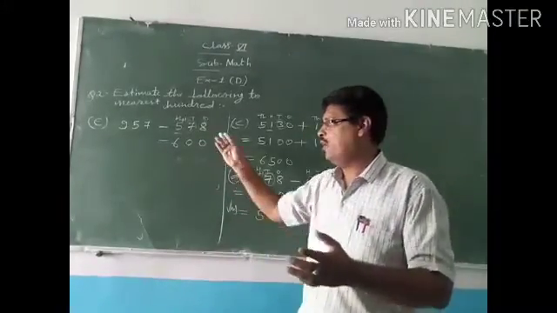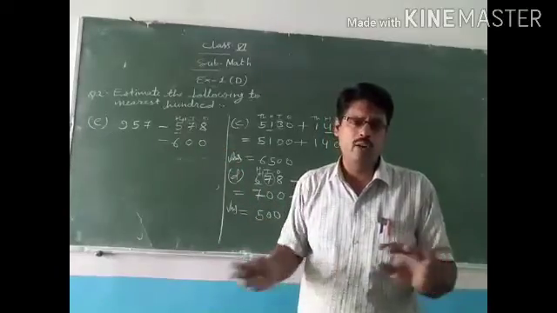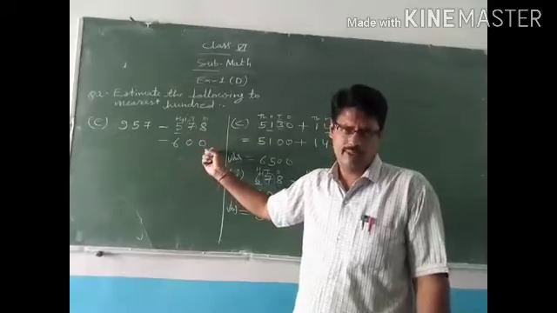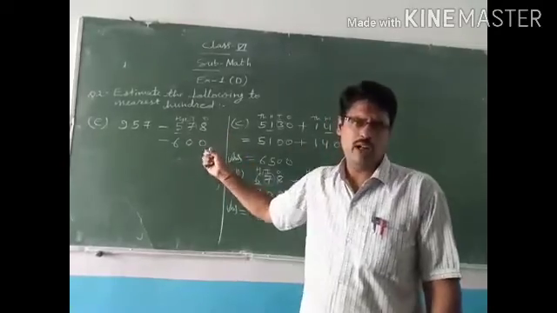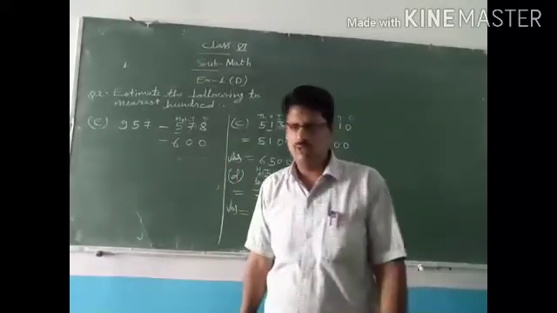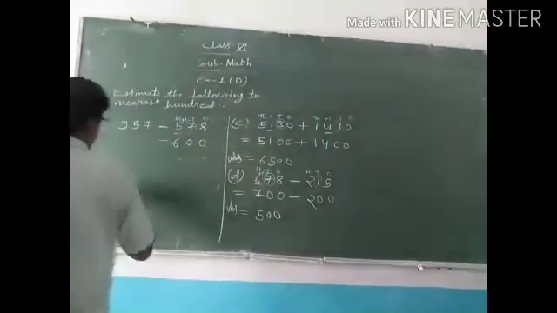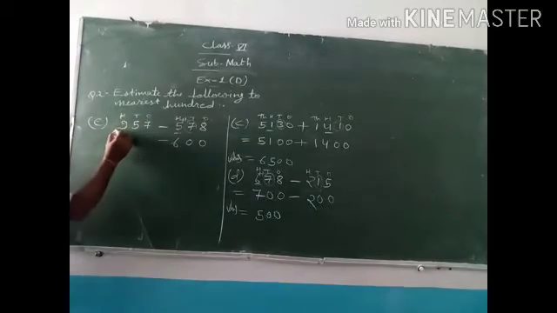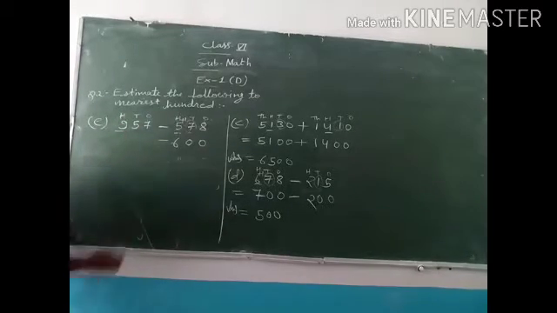And 578 is nearest to 500 और 600. ये किसके ज़्यादा nearest होगा? 500 के या 600? Naturally it is nearest to 600. That's why we have written 600 here. Okay. Now ones, tens, hundreds. Hundreds place we have to round off. So we will observe tens place.